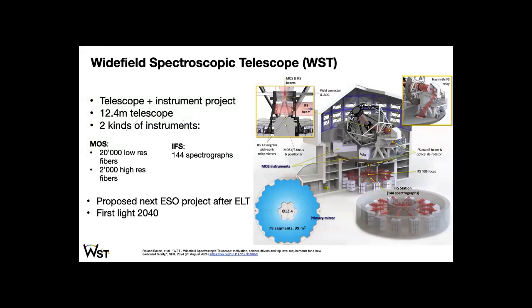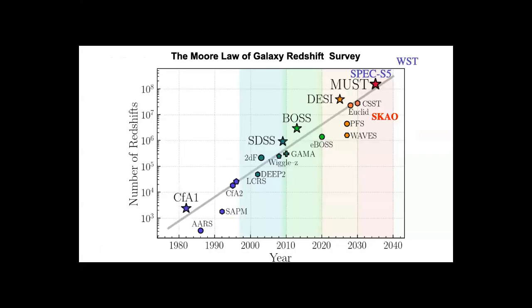But that means you need a lot of spectrographs. We're talking about 144. This project will be proposed at the European Southern Observatory as the next project after the ELT. But first light tentatively won't be before 2040.